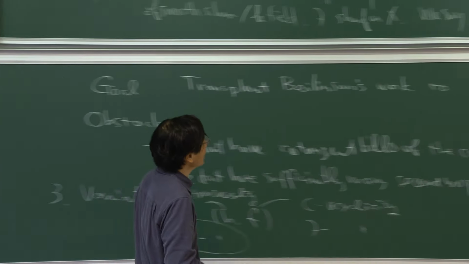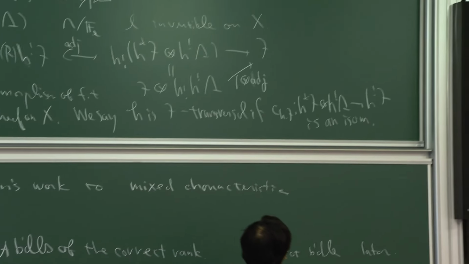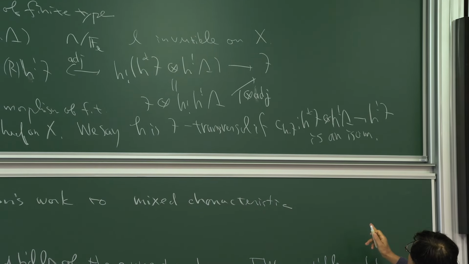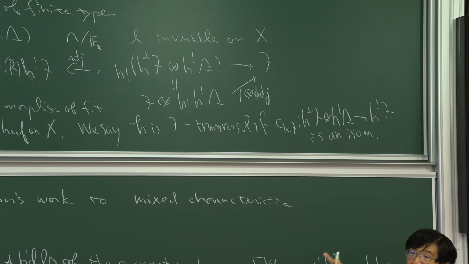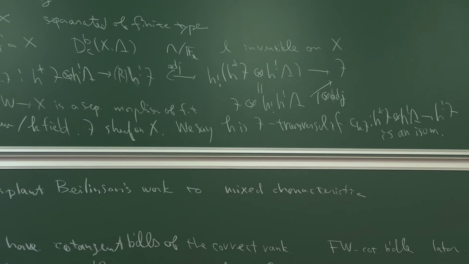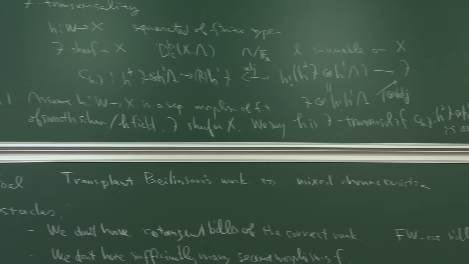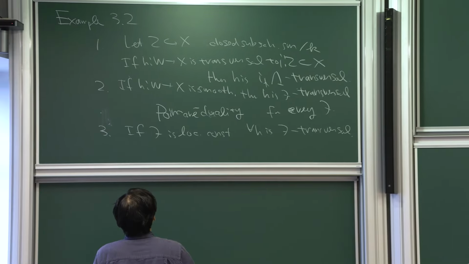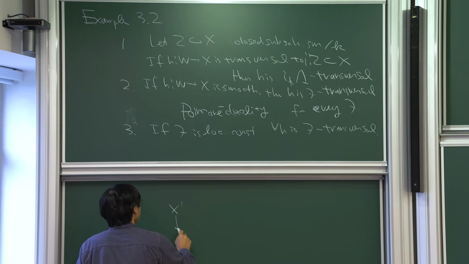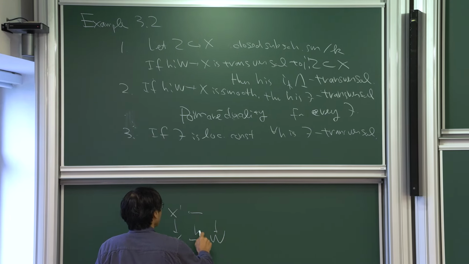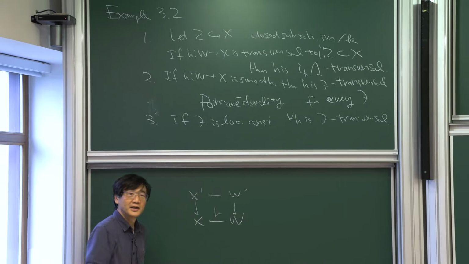If you have a pullback square, you have your H, but then you have a pullback of it, H prime, with a map from X prime to X. In general not, I think.